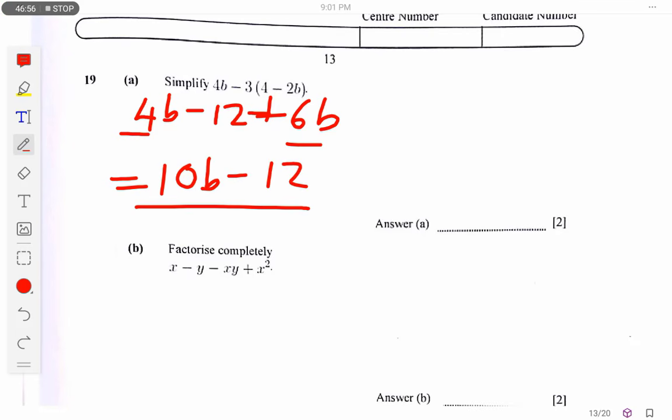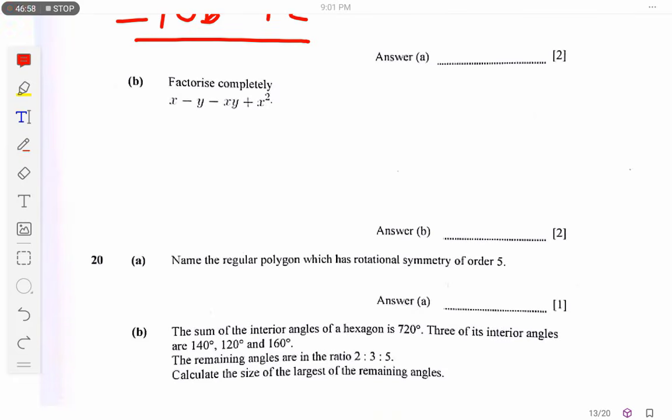We have simplified. The next question is saying factorize. We cannot factorize directly. Here we have xy, there is no common factor. So what we can do is rearrange this. Rearranging, I can have x squared plus x, then minus xy minus y.